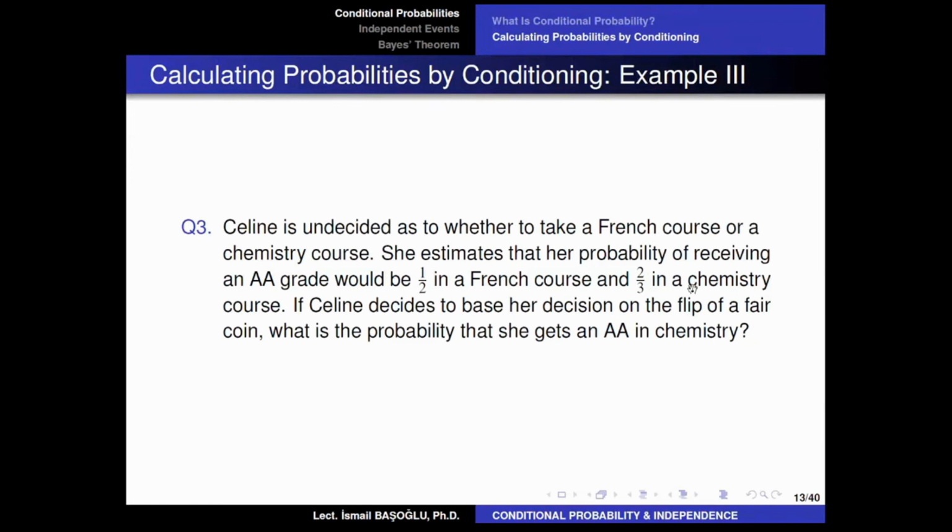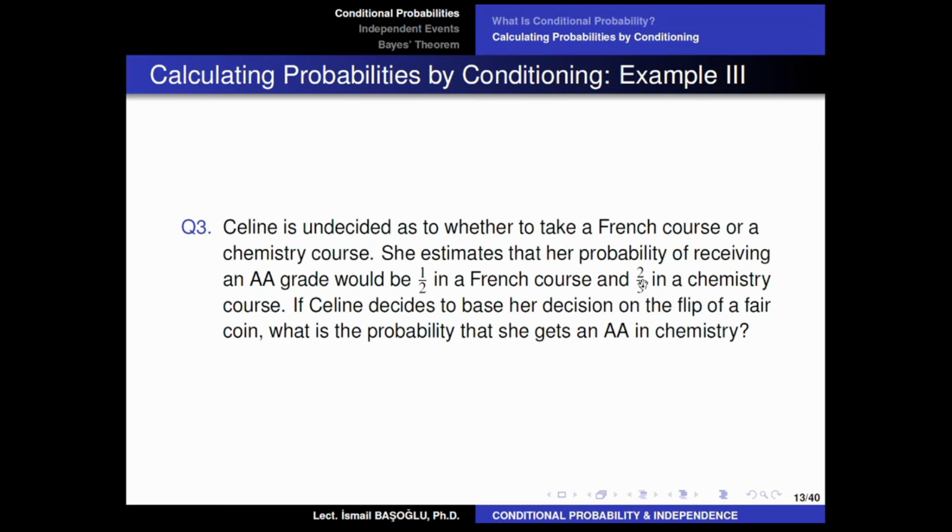She is pretty good in chemistry, so if she selects the chemistry course, the probability that she gets an AA is 2/3. But if she selects a French course, her chances are less: the probability of getting an AA from this elective course would be 1/2.